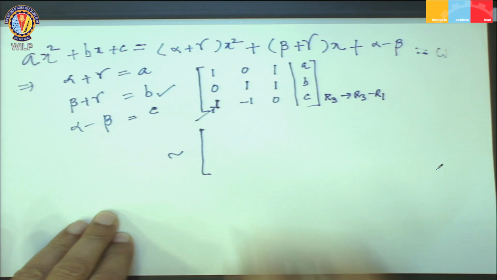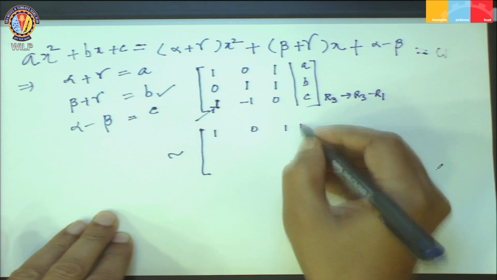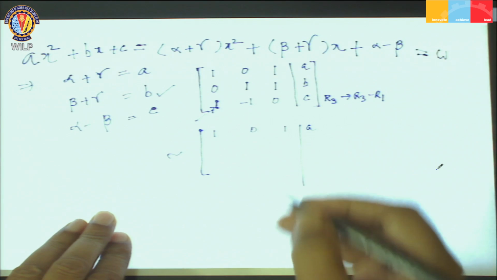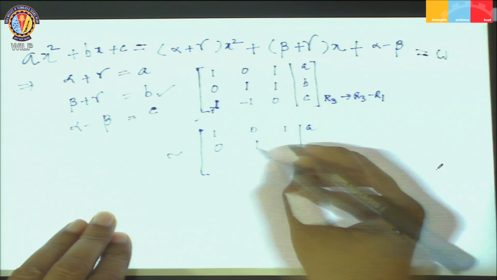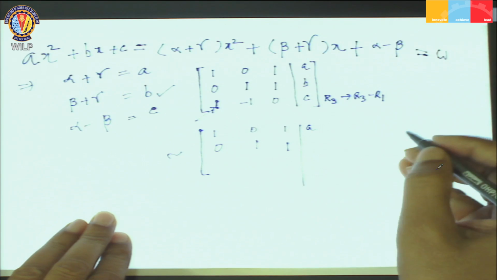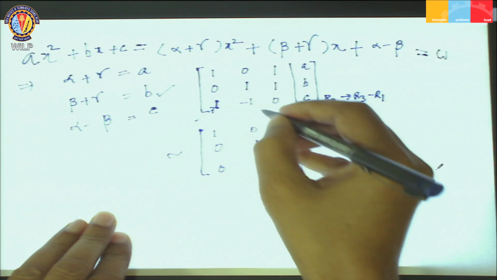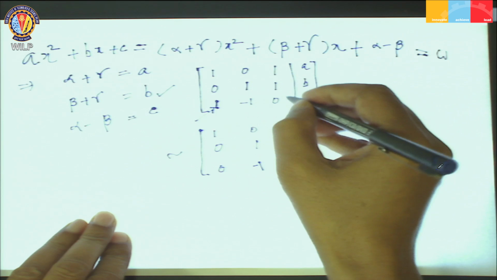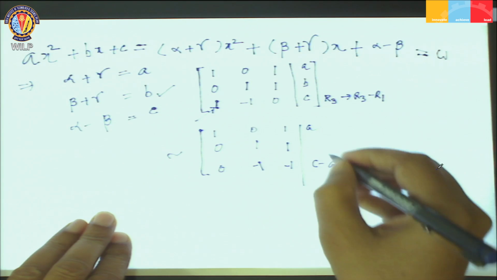Then the first row remains as it is, 1, 0, 1 and a. The second is 0, 1, 1. Then R3 minus R1 means 1 minus 1, that is 0, then 0 minus 1 is minus 1, then 0 minus 1 is minus 1, then c minus a. Here b remains.